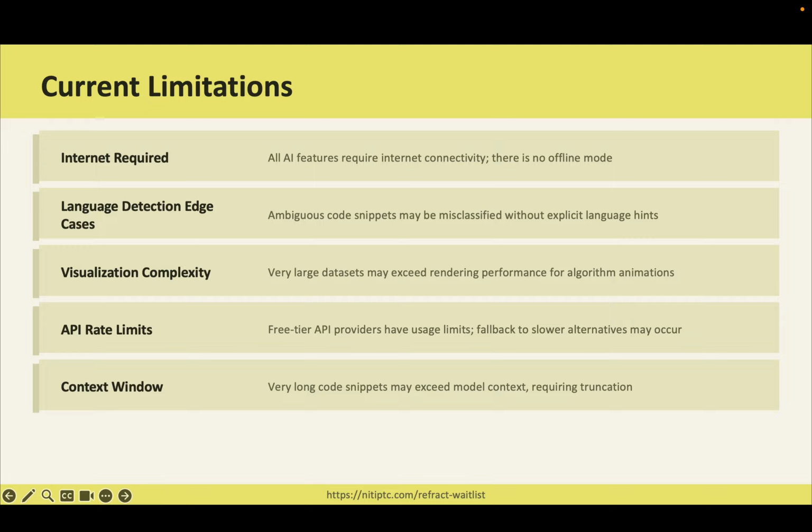All AI features require an internet connection. Very long code blocks hit context window limits, which we address by suggesting chunking. And like any LLM system, AI explanations can occasionally have subtle errors, so users should verify critical details.